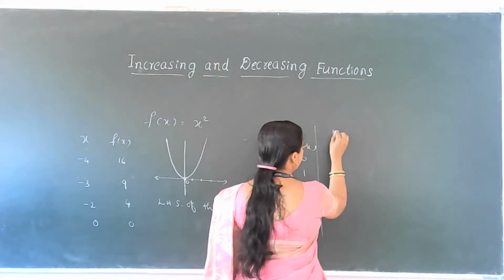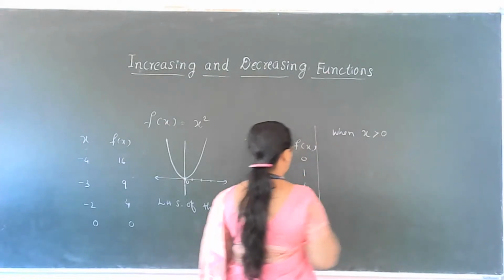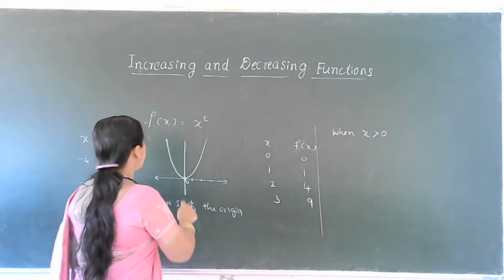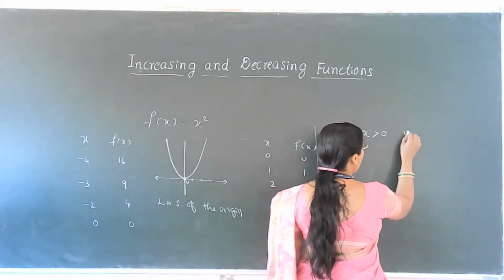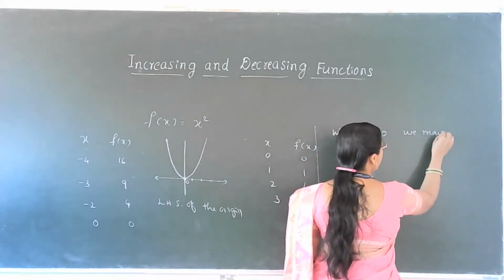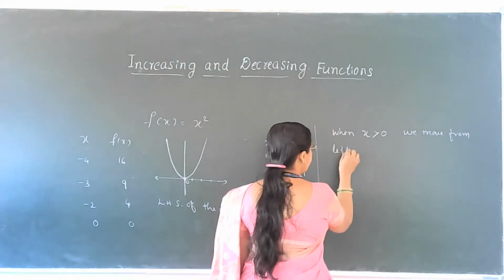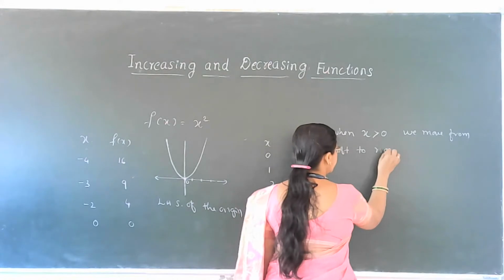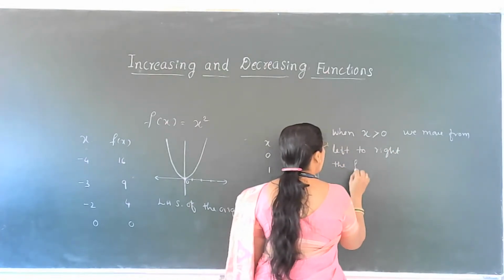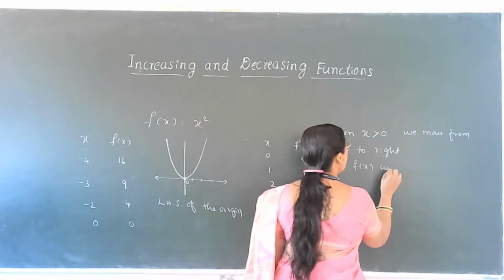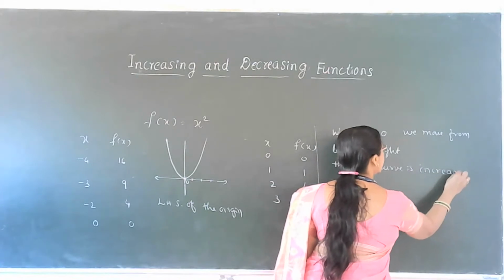By using this, when x is greater than 0, we move from left to right. The f of x curve is increasing.